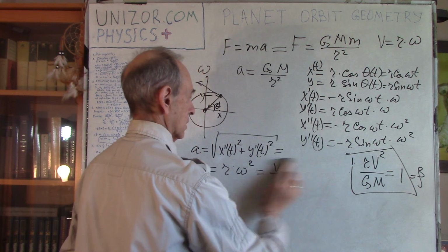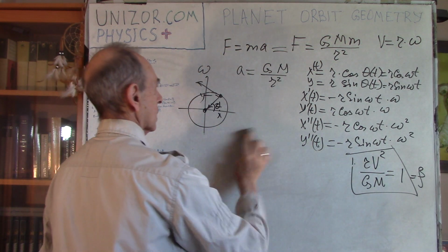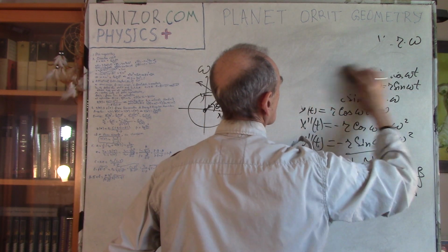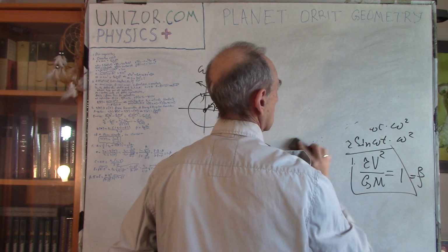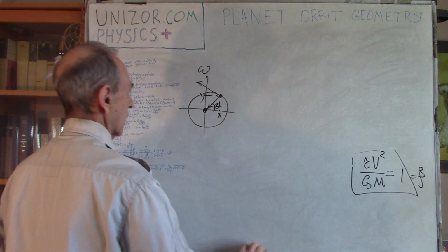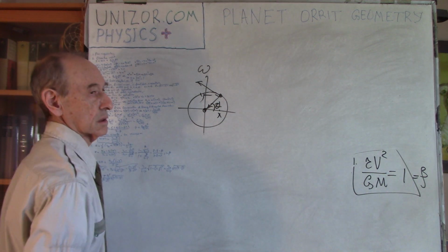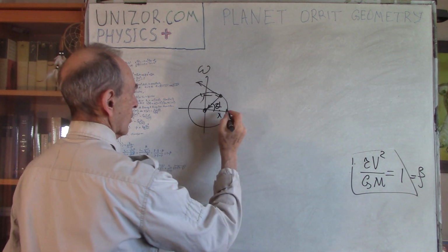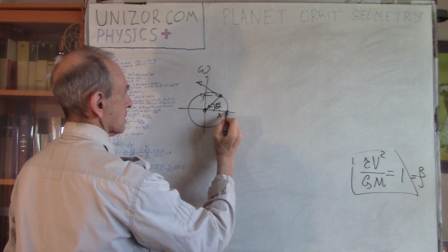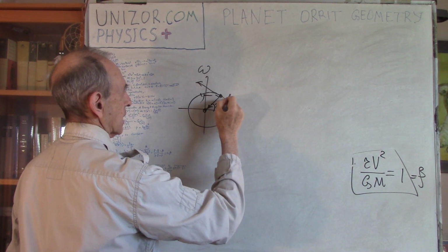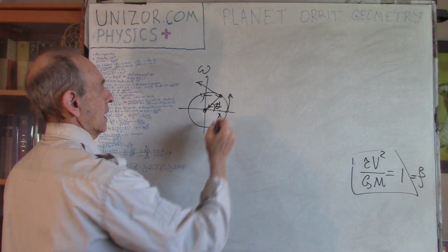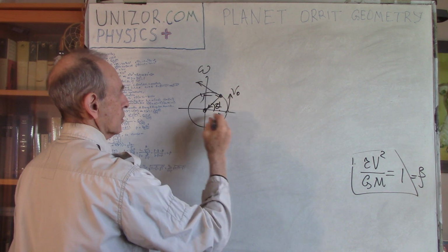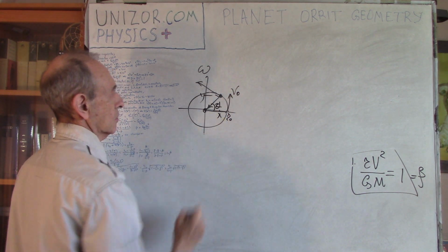Now, let's just put it this way. Consider you have a central body which has certain mass and gravitation, and from some initial position you basically shoot some kind of an object, a planet, whatever, with certain initial speed, let's call it v0, at the radius r0.